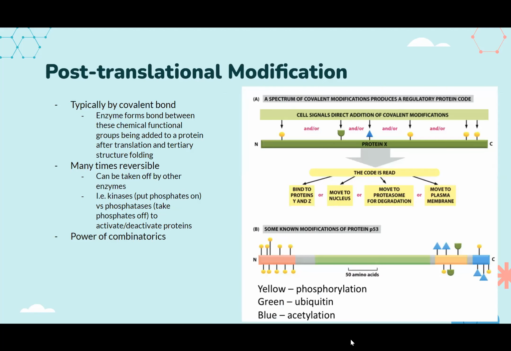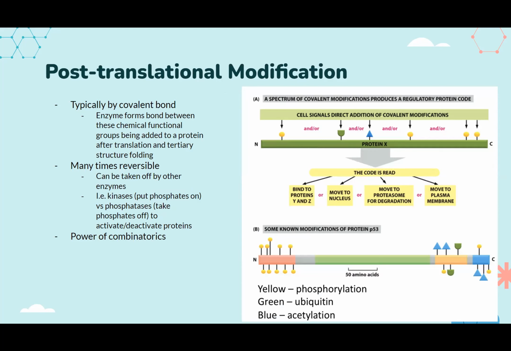All right, next one. Post-translational modification takes place after the protein has been made and folded. Proteins are often regulated by chemically modifying them covalently.